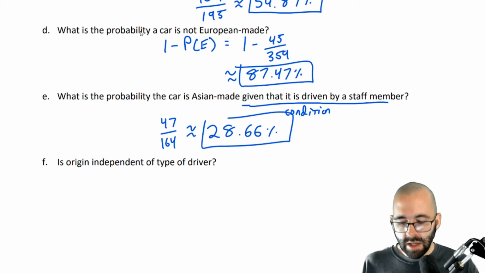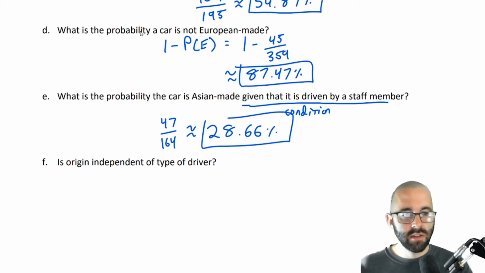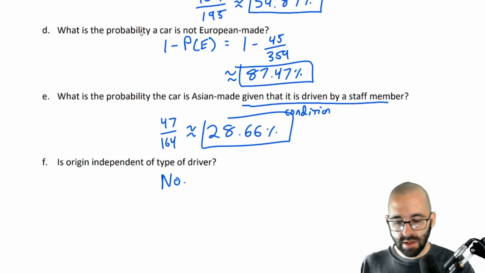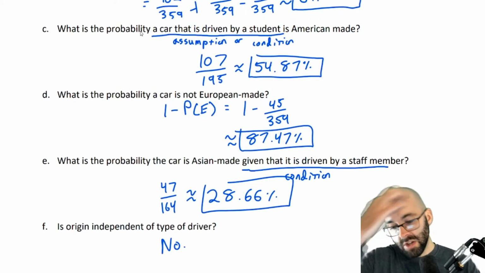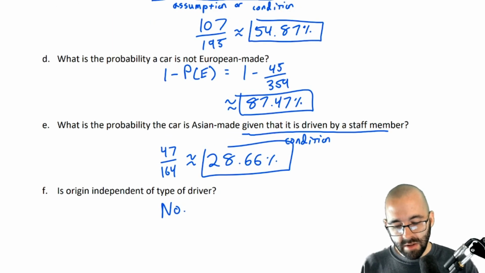Is origin independent of type of driver? No. I believe we've already shown that in some of these. We can show it more precisely by just looking at the last example.